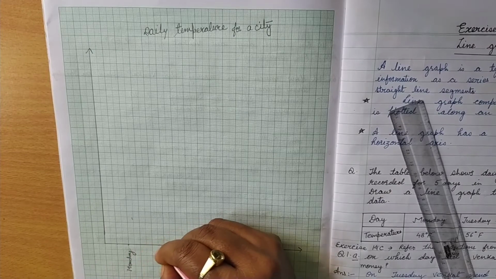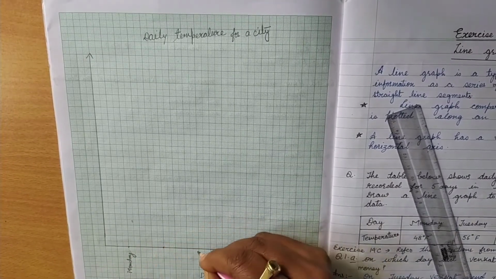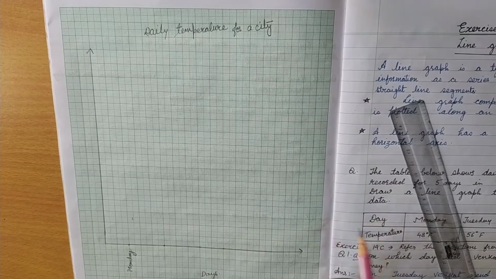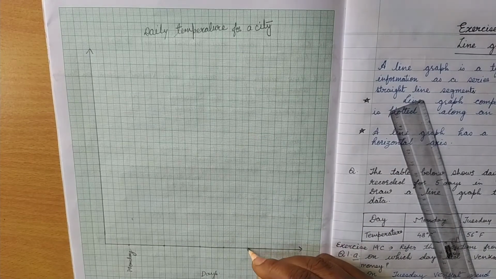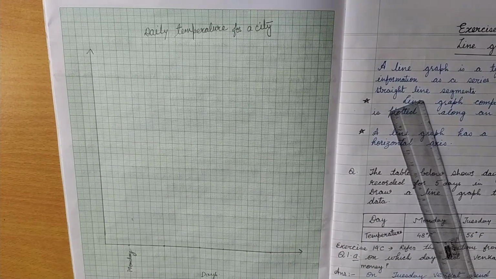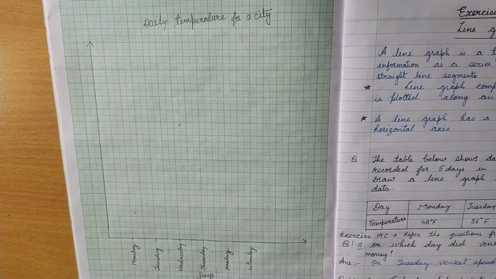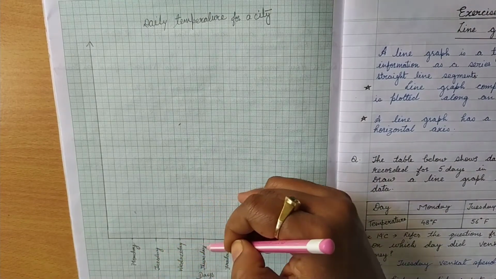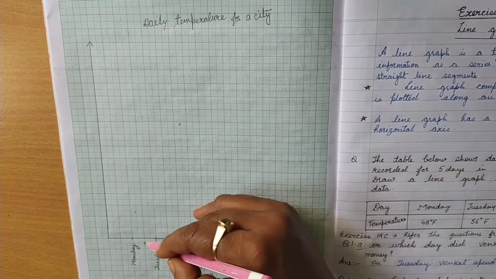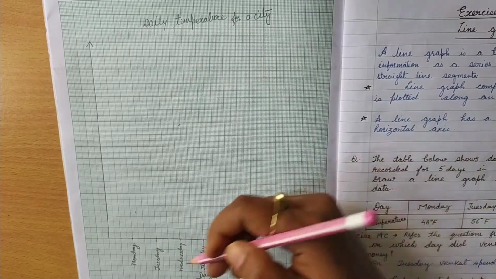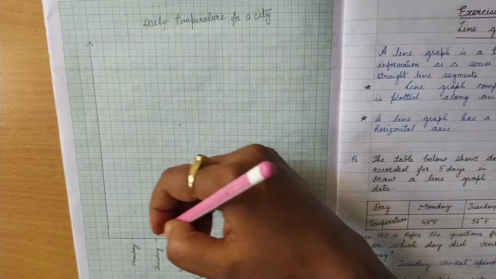Then leave 2 and mention Tuesday, Wednesday, Thursday, Friday and Saturday. I left the gap of one line. You can see the gaps are equal here.